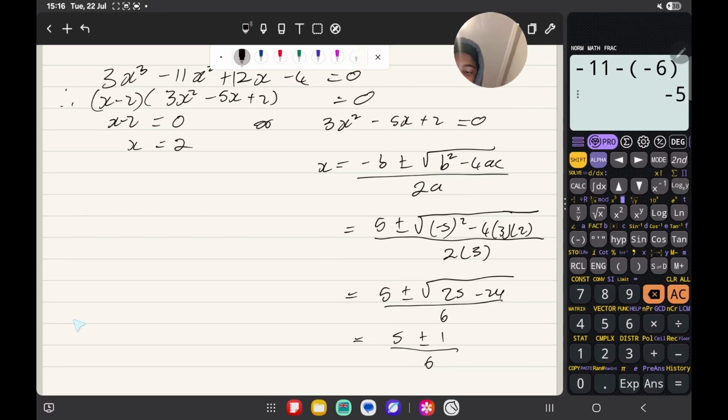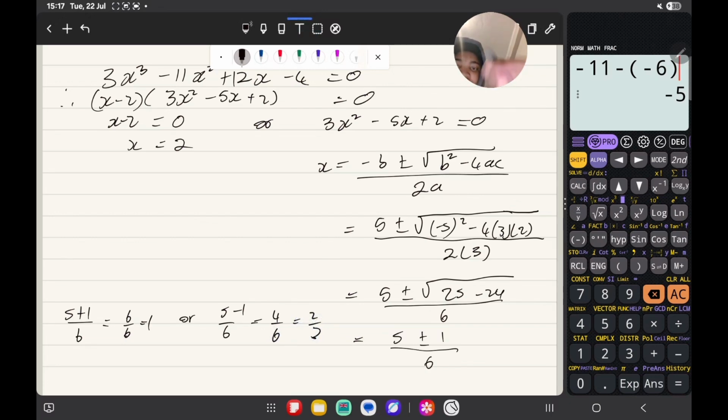So therefore you have 5 plus 1 over 6 and 5 minus 1 over 6, which here you have 6 over 6, which is 1. Here you have 4 over 6, which is 2 over 3, right?